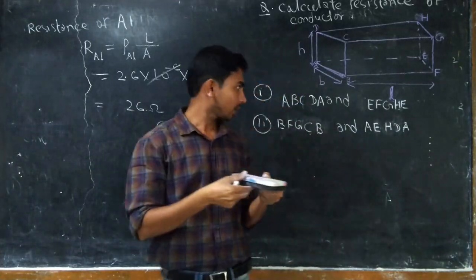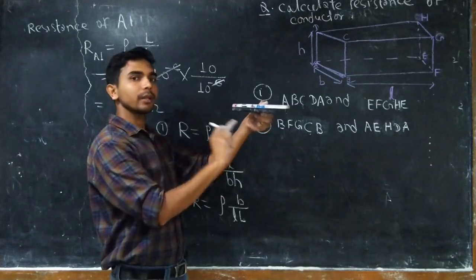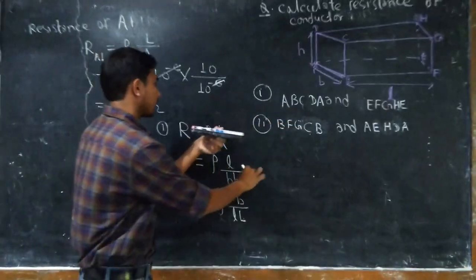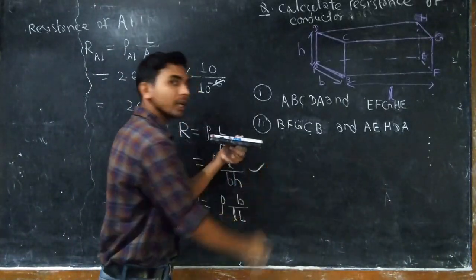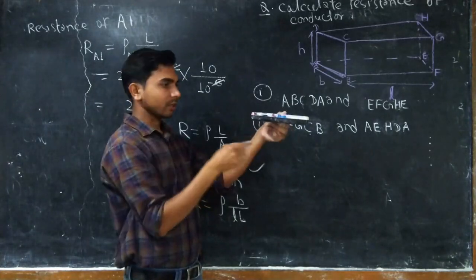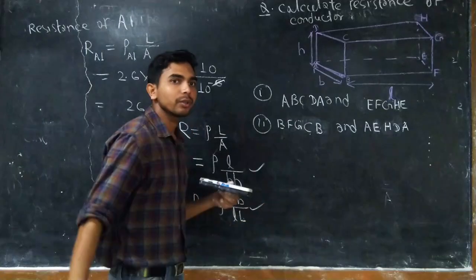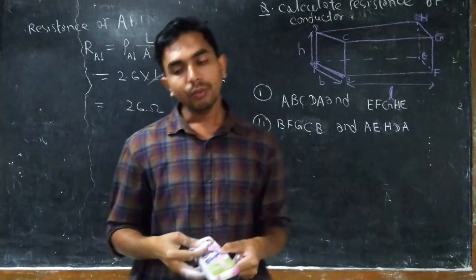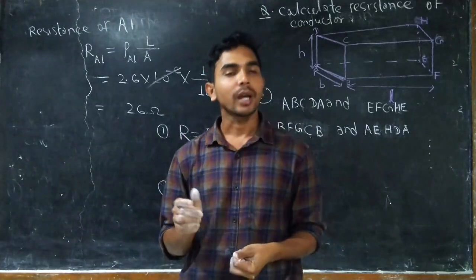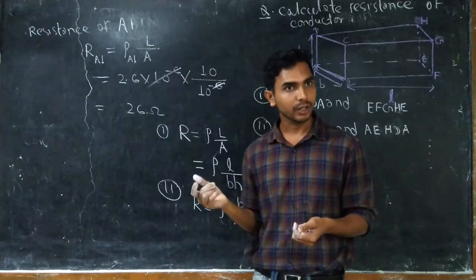When current is flowing like this, going inside and coming out from here, the resistance is this much. But when current is coming like this and coming out from this one, the resistance is different. So for the same conductor, if the direction of flow of current changes, then the value of resistance will change.